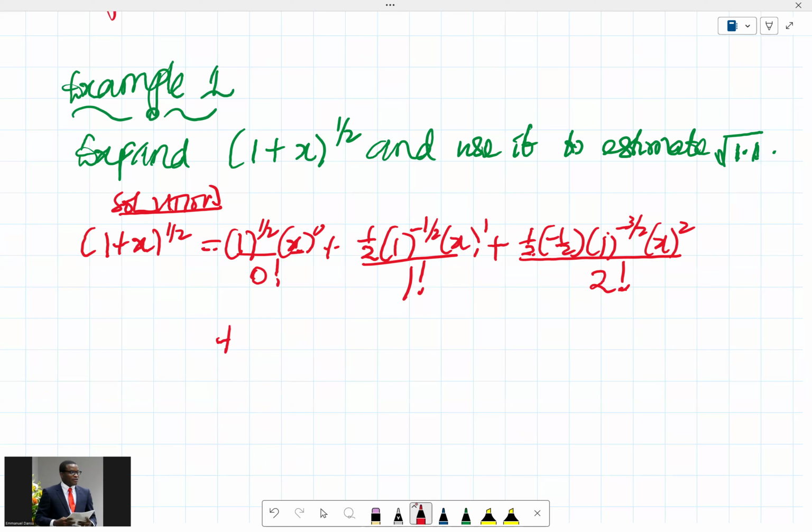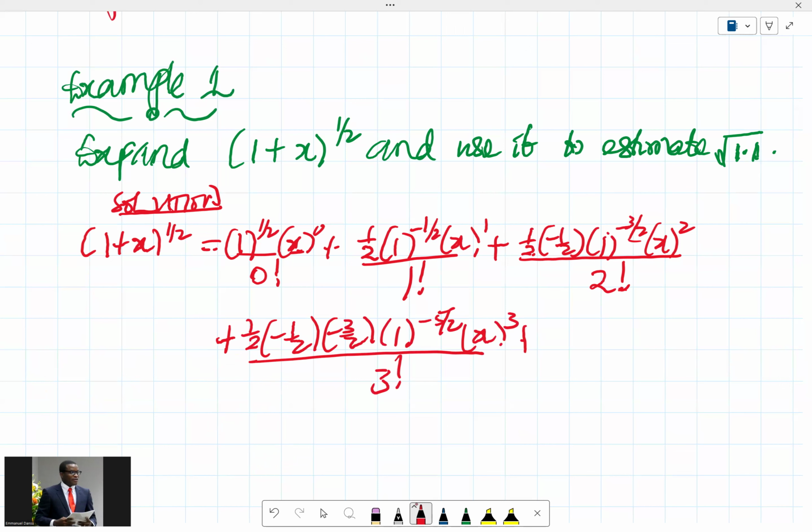So the fourth term now is going to be plus half into minus half into minus 3 over 2, that power, this power now. Then 1 raised to the power minus 3 over 2 minus 1, that's minus 5 over 2, into x raised to power 3 all over 3 factorial. So let me get the last term.